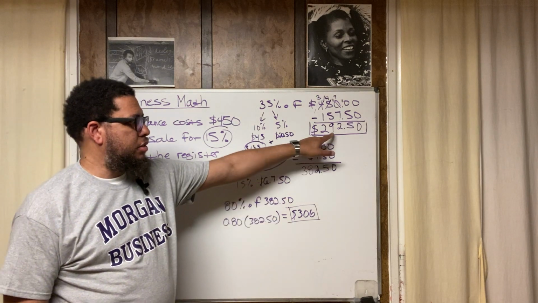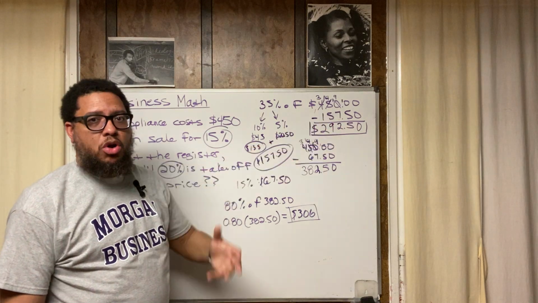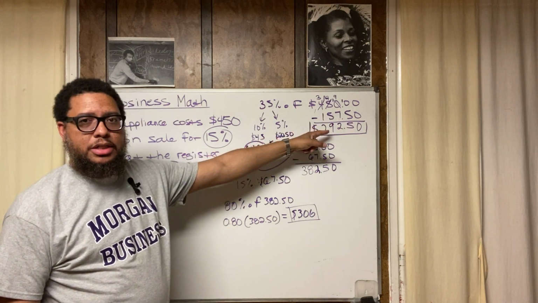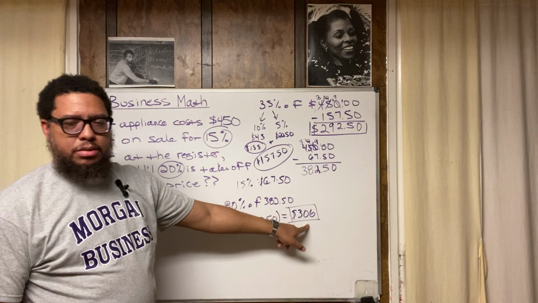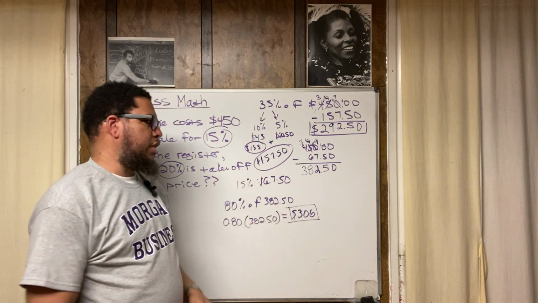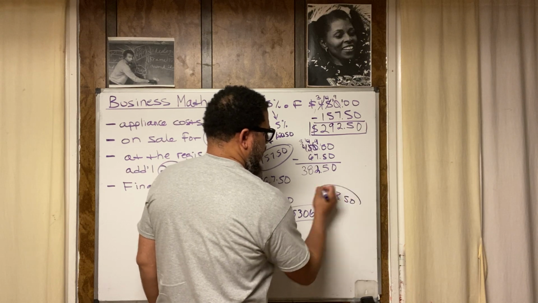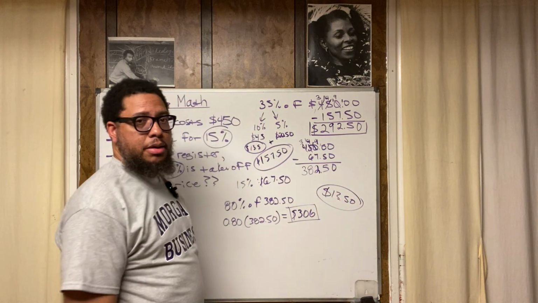So look at the difference. $292.50. It's a deeper discount if you do it wrong. You get a bigger discount. If you do it right, your discount is not so big. What's the difference? It's off by $13.50. That matters. That means something.